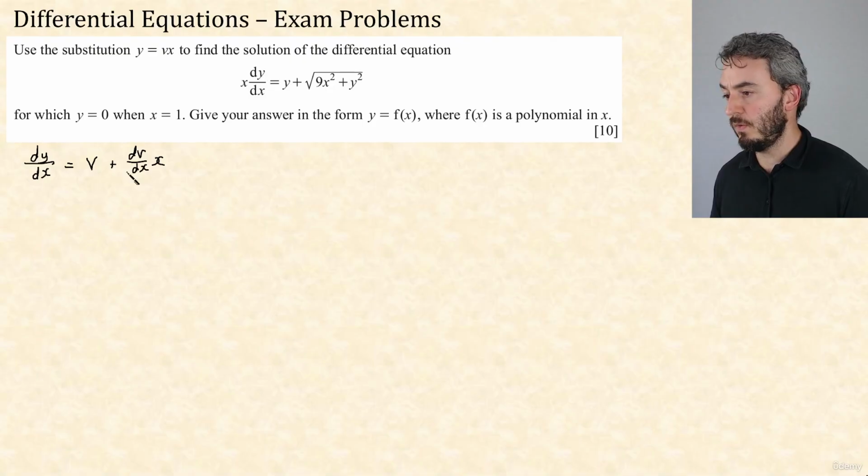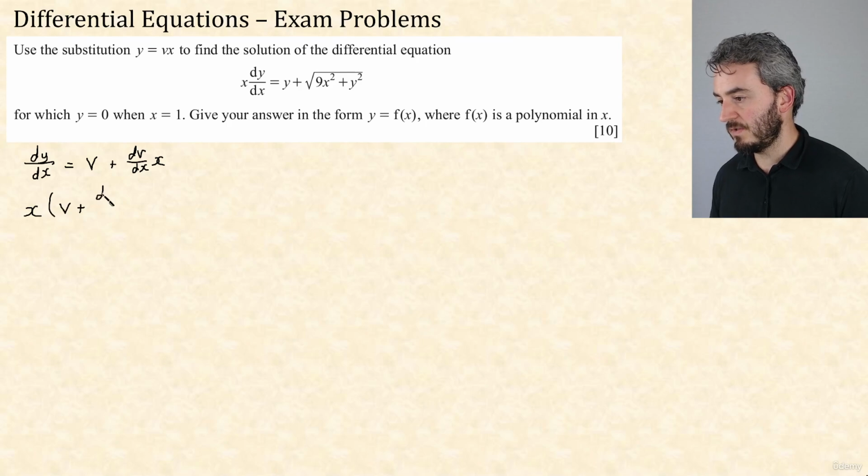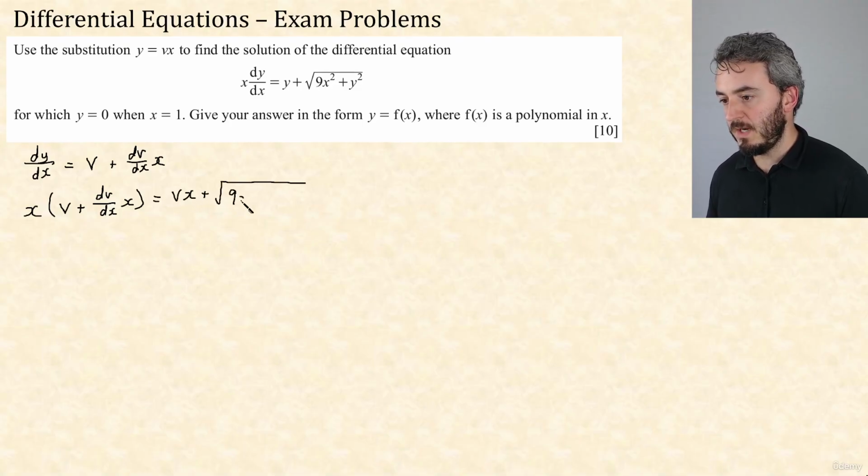So let's substitute that all in. We're getting x times dy by dx, so that's x times v plus dv by dx times x equals y, which is vx, plus the square root of 9x squared plus y squared, which is v squared x squared.